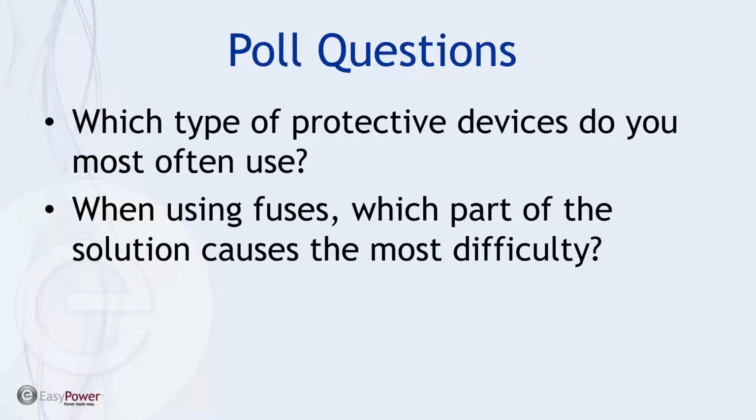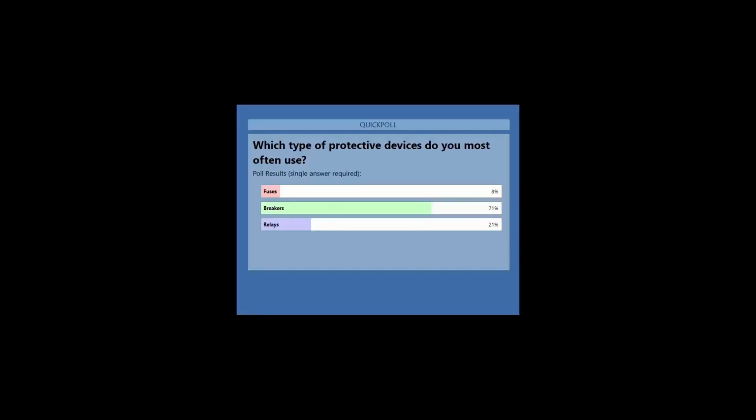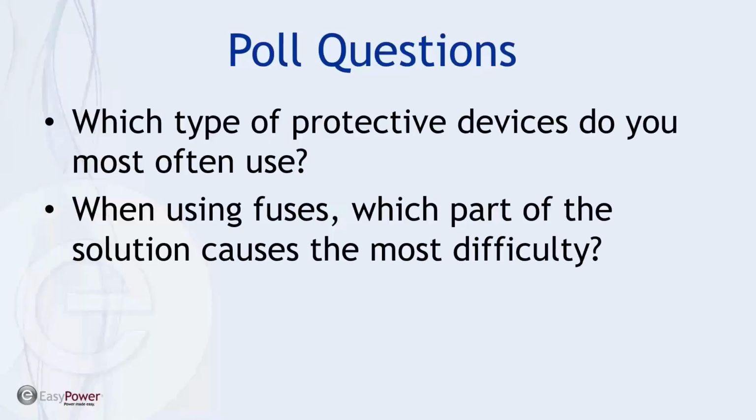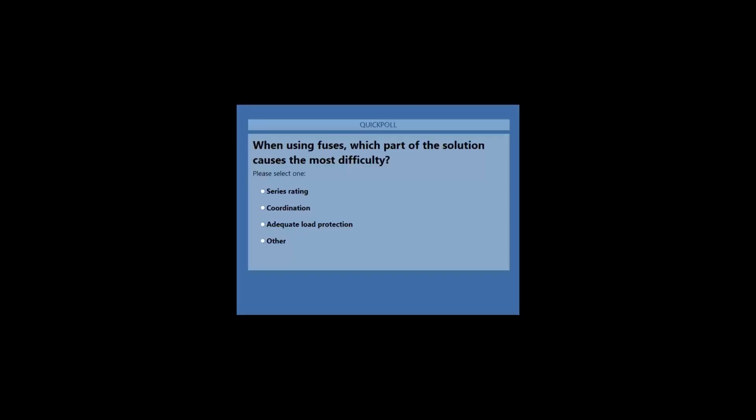Here's how folks have weighed in, and I'm a little bit surprised that fuses is not more highly sought after, which is fine. Then the second question is, when using fuses, what area of the application causes you the most difficulty?